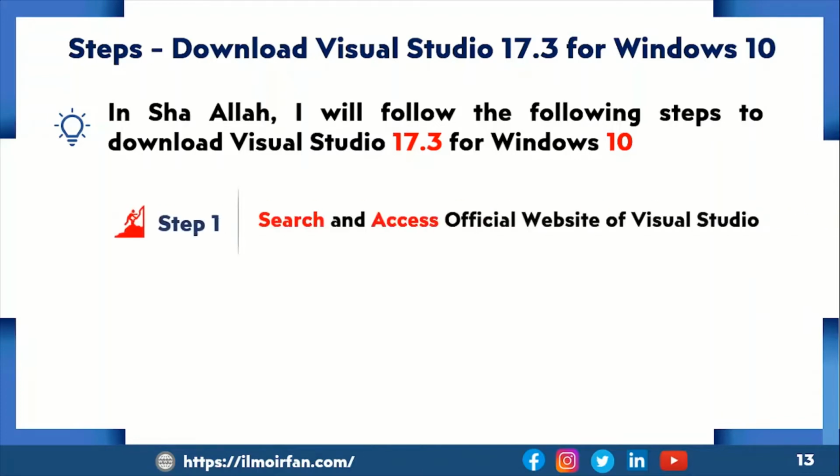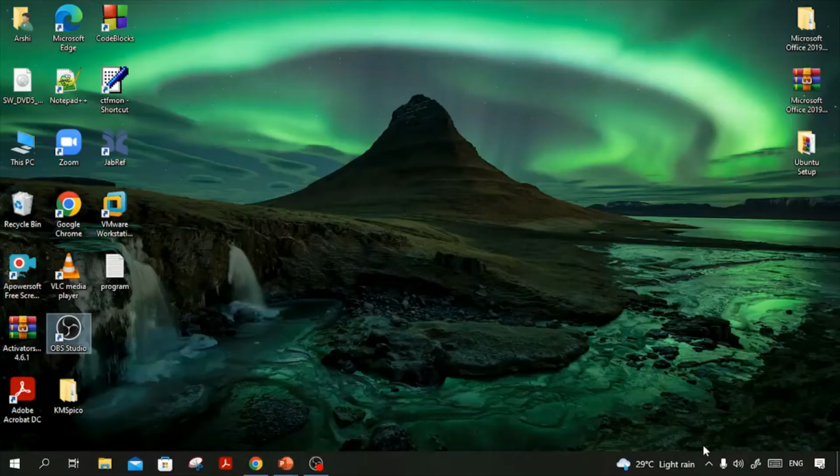Step 1 is search and access official website of Visual Studio. To complete this step, open your favorite web browser. Let me open my favorite web browser, which is Google Chrome. To open Google Chrome, first I will move to my desktop screen by using Windows plus D key.